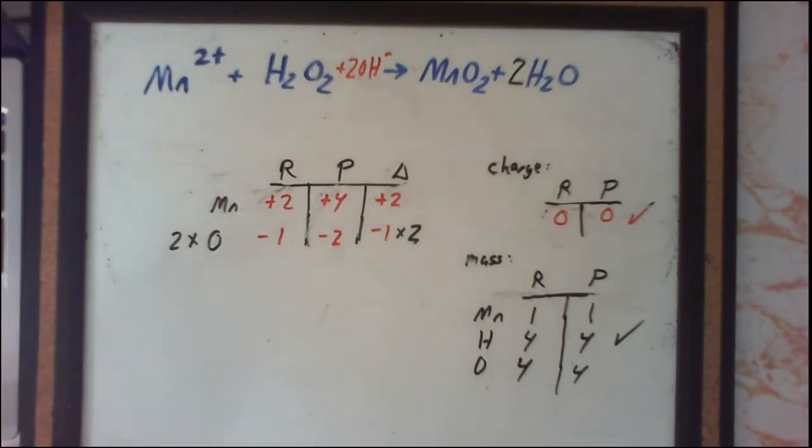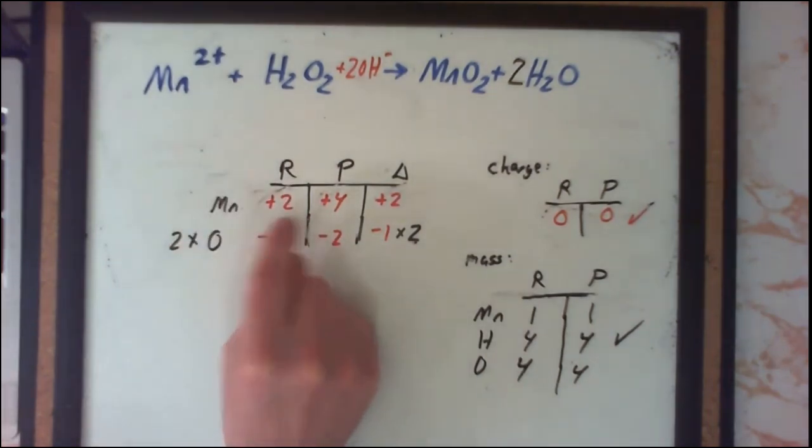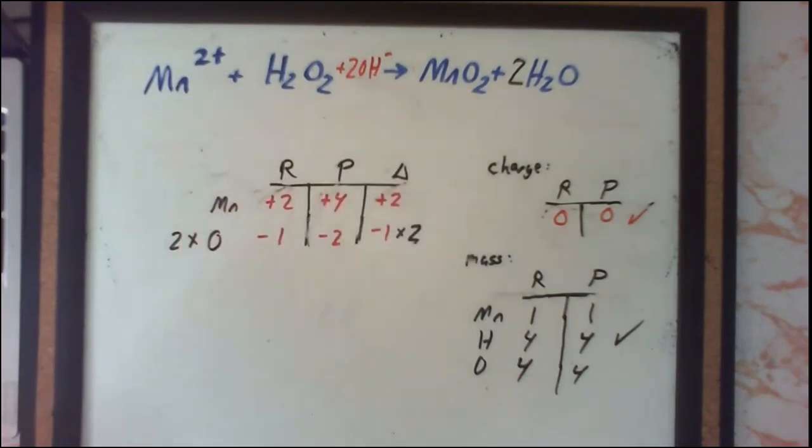So as I said a couple times before, go through these 2 videos and just decide for yourself which one you prefer. And this method, as hopefully you've seen, is a lot faster, but it strongly depends upon you being able to determine what the oxidation numbers are of the elements on the reactant side and product side. These numbers have to be accurate. If not, then there's no way you'll be able to balance the redox reaction.